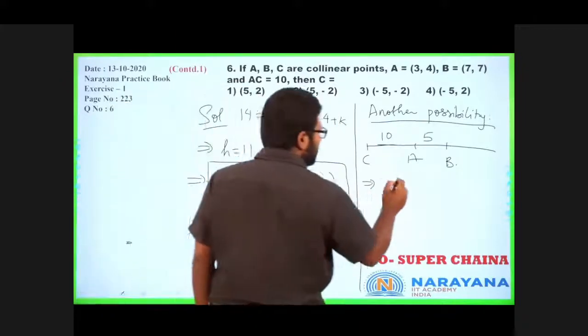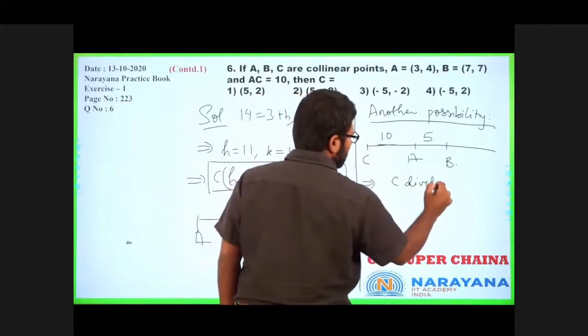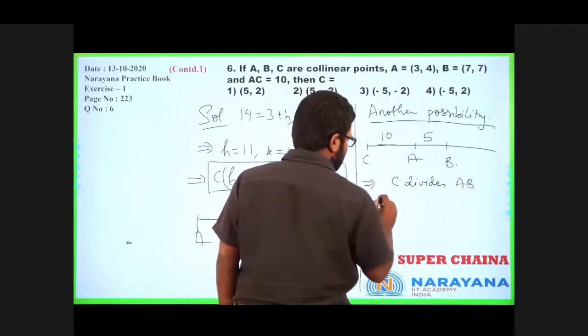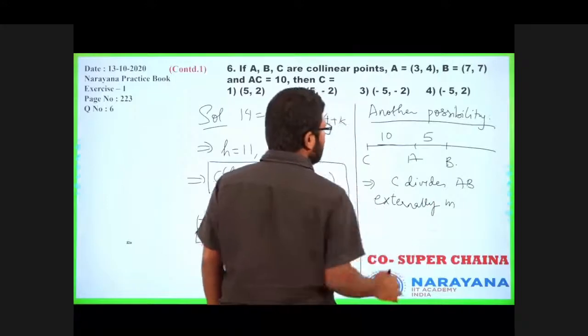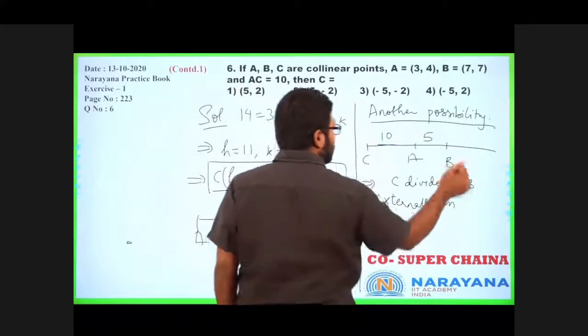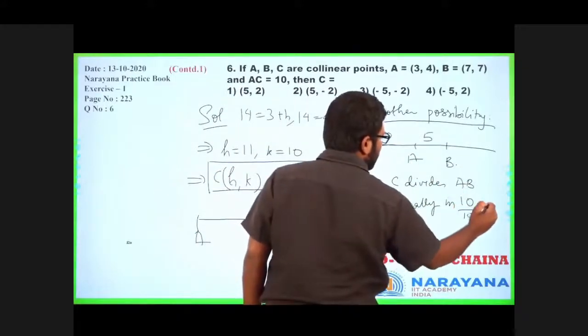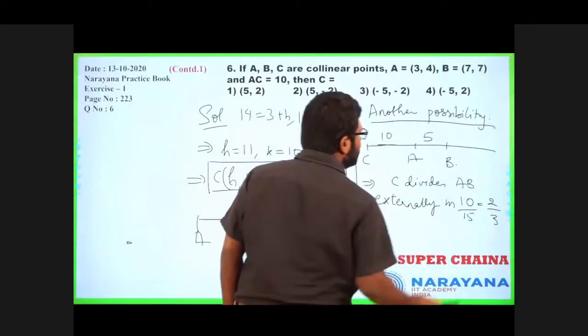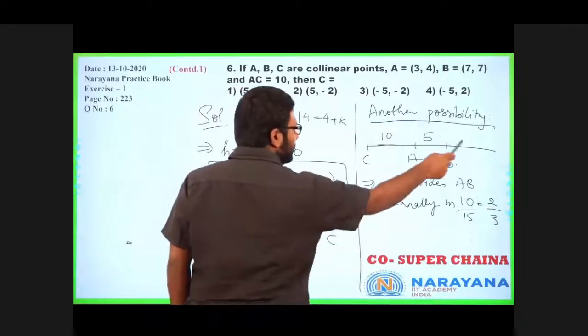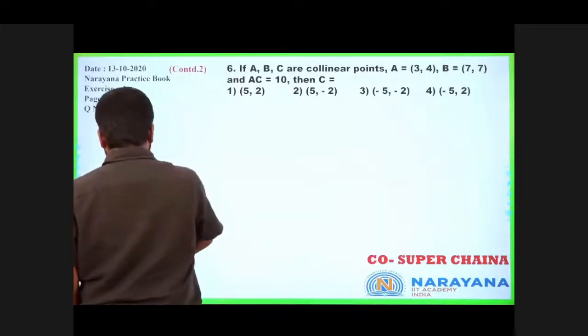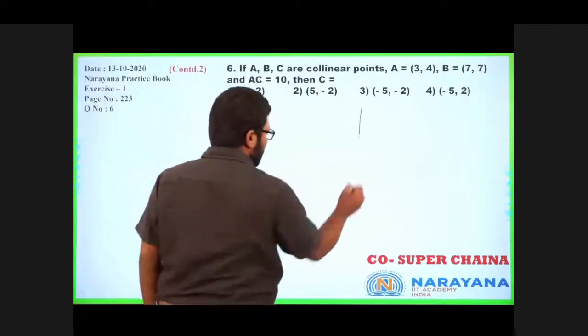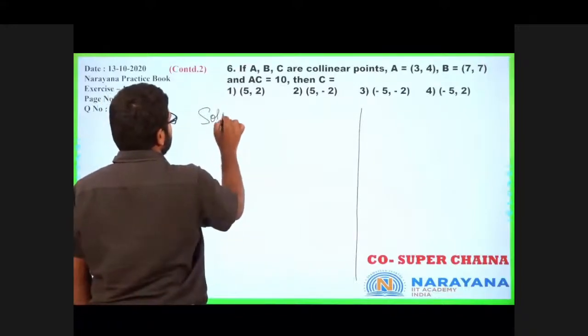We will say C divides AB externally in the ratio how much? 10:15, which is 2:3, right? 10:15, so 2:3, right? So now let us apply the section formula once again for external division.